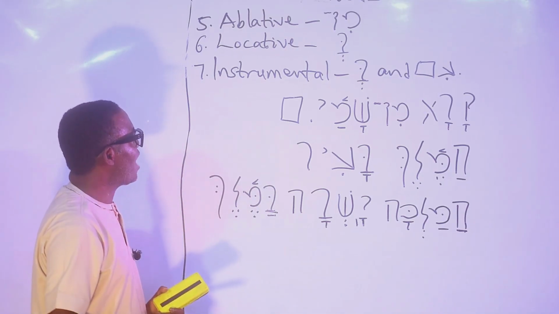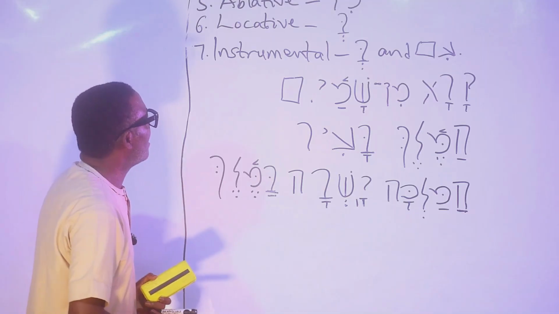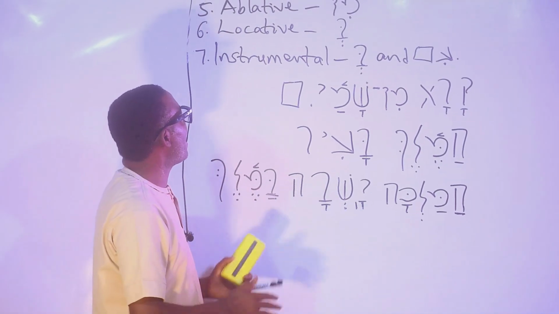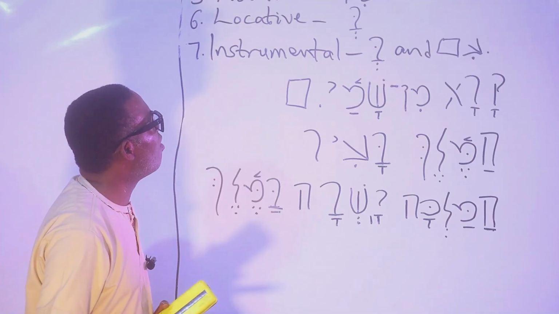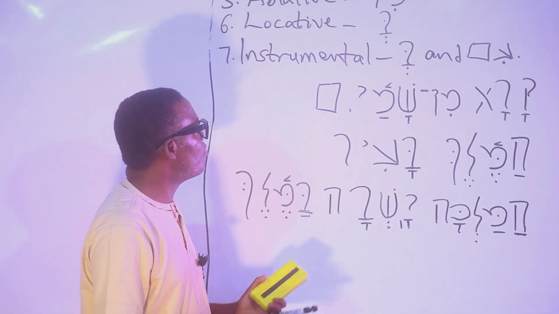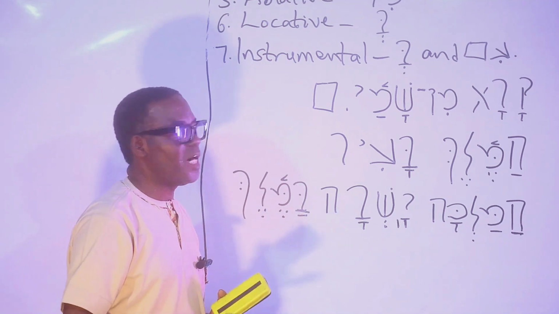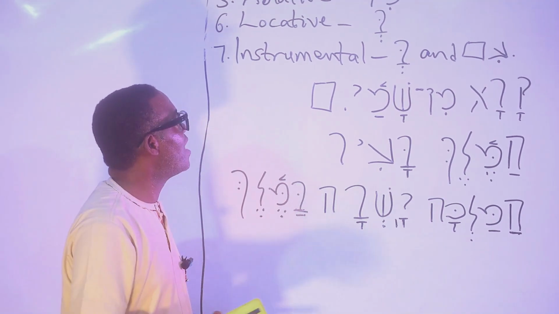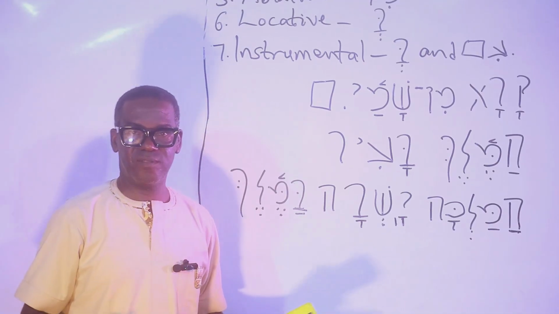So this actually expresses instrumental dative. So these are the cases of Hebrew nouns. And as we move on, we'll be seeing some of these cases come into play as we consider Hebrew sentences.